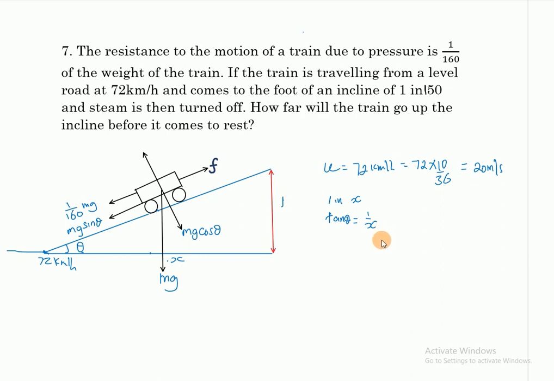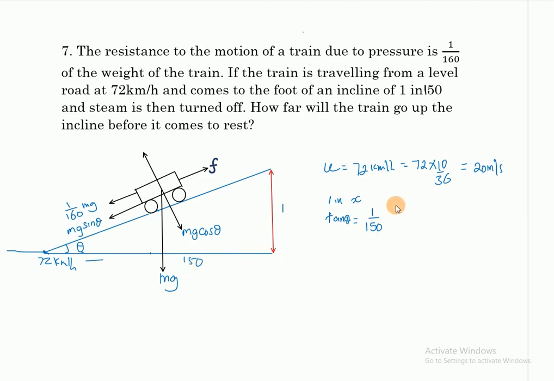For this particular one, tan theta is equal to 1 over 150.